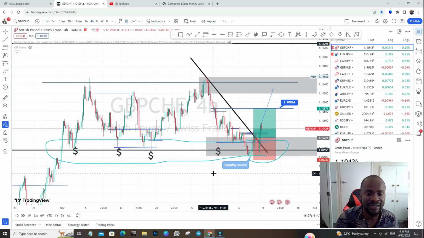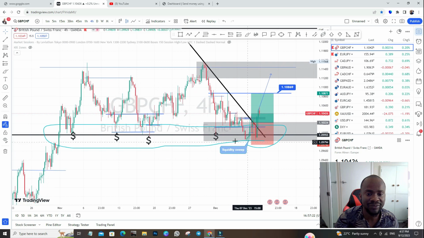What I did was that I identified a reaction here on this support zone, such that I have already identified that price has always come back to retest this zone multiple times. I was looking for a liquidity sweep.